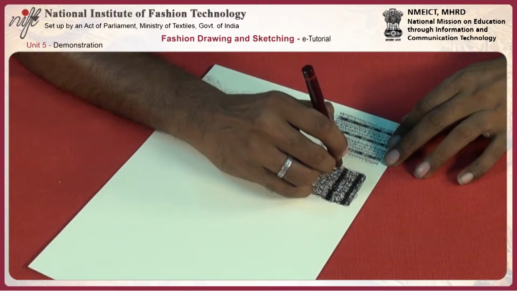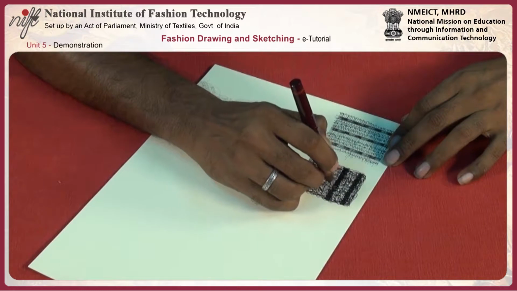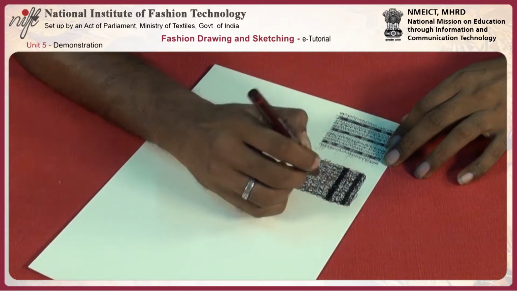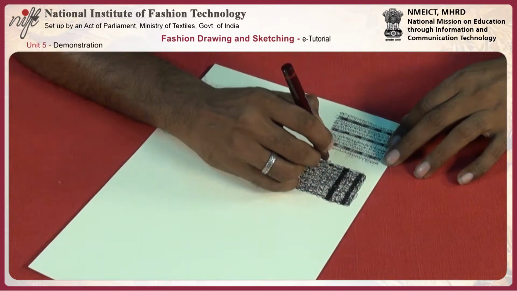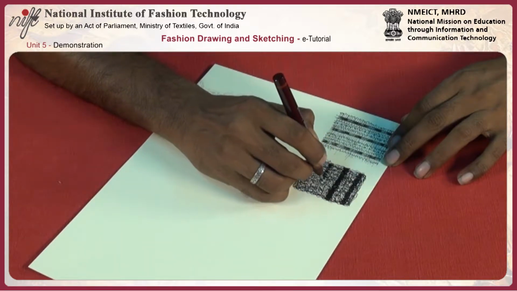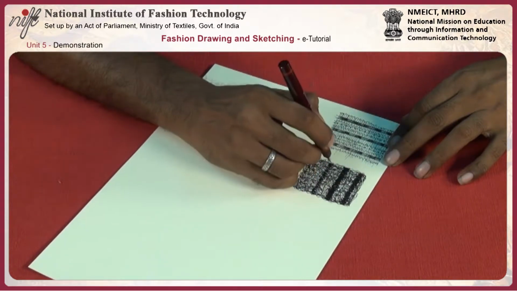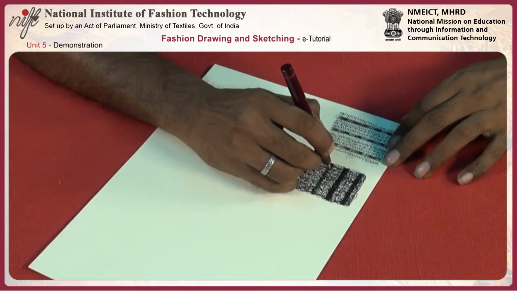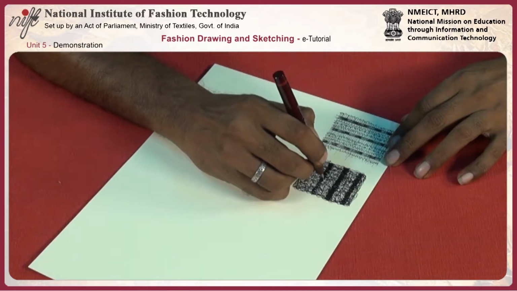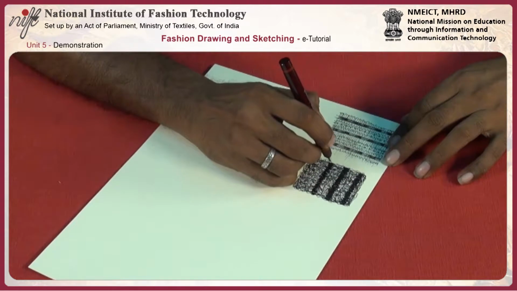Here, one must note that I am not using a ruler to make the lines accurate because that might give a different feel to my rendering. I now actually want the rendering to look more informal.